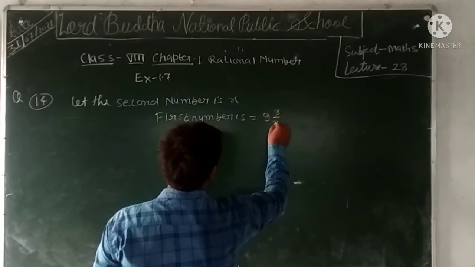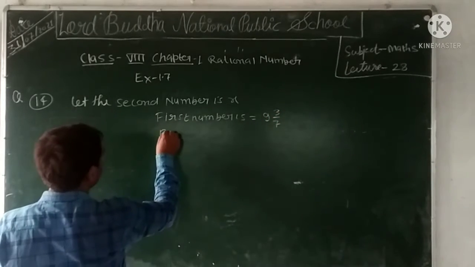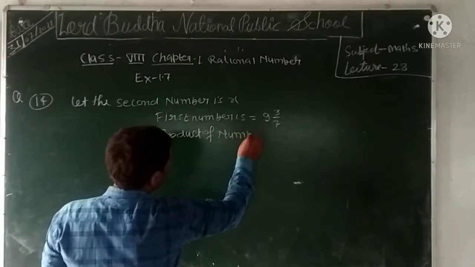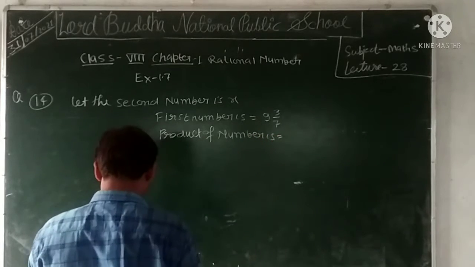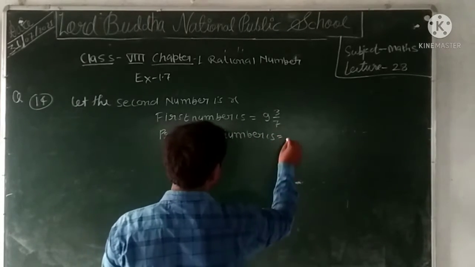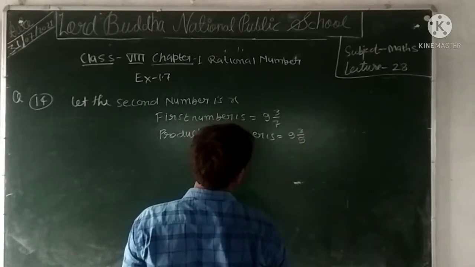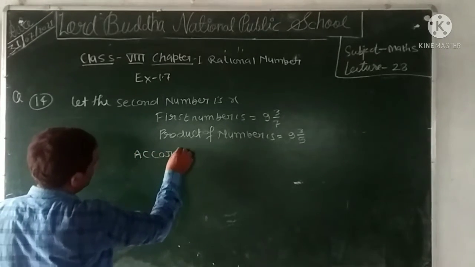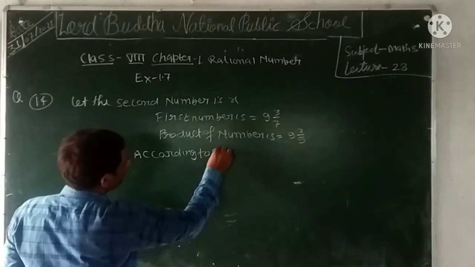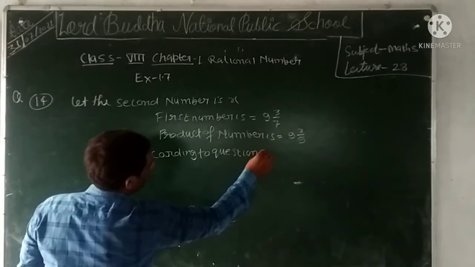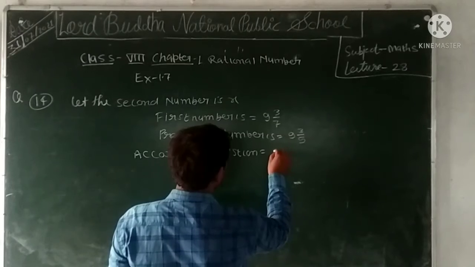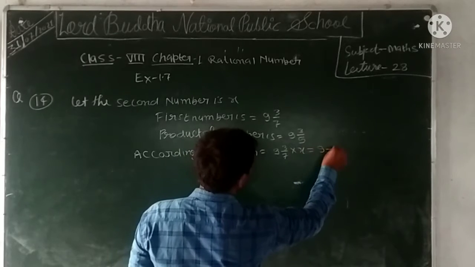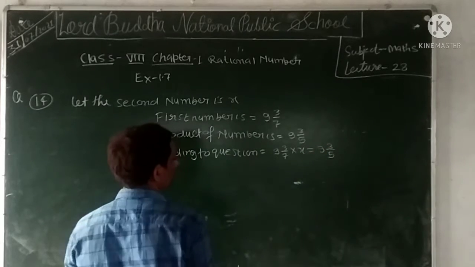The product of the numbers is 9 whole 3 upon 5. Okay? According to the question, 9 whole 3 upon 7 into x equal to 9 whole 3 upon 5.